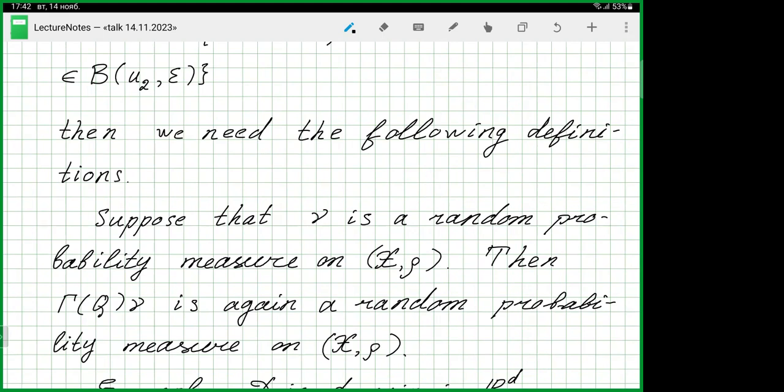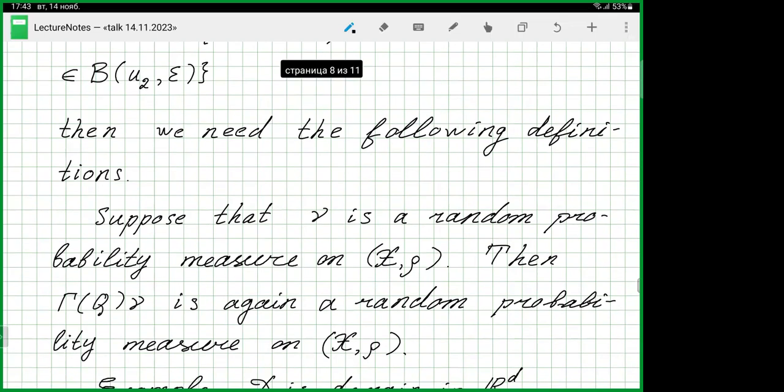Let us consider the general case. Suppose that nu is a random probability measure on some good complete separable metric space X with metric rho and with Borel sigma field. Then gamma Q nu is also a random probability measure in the space. And one can even consider a subprobability measure.